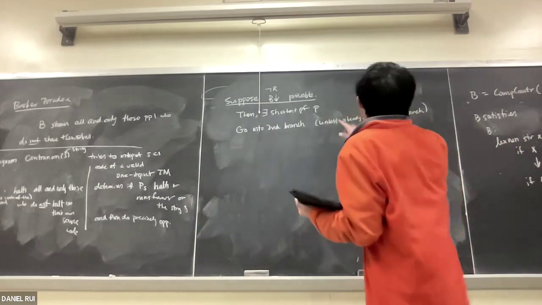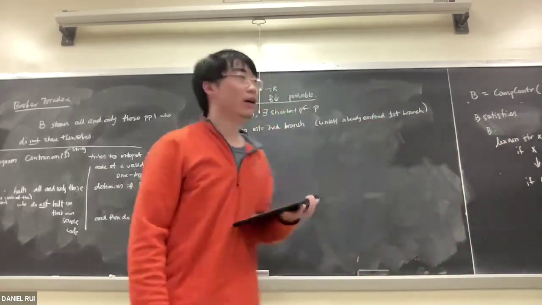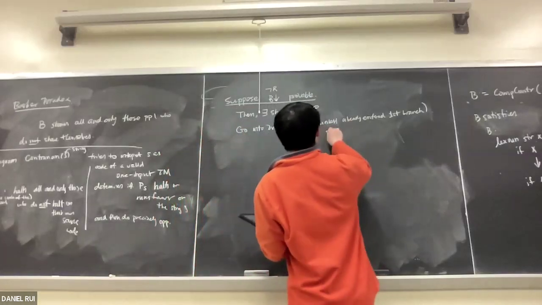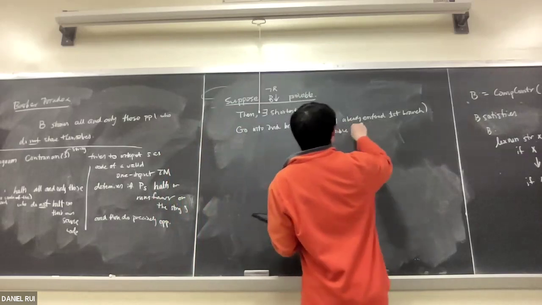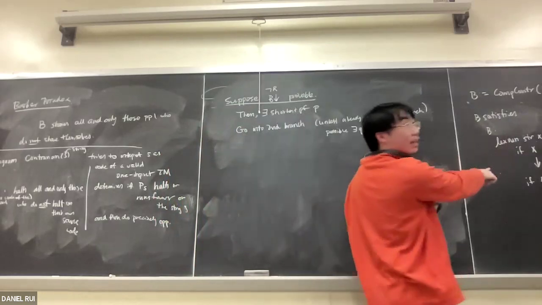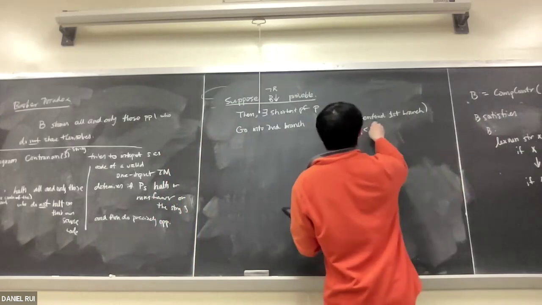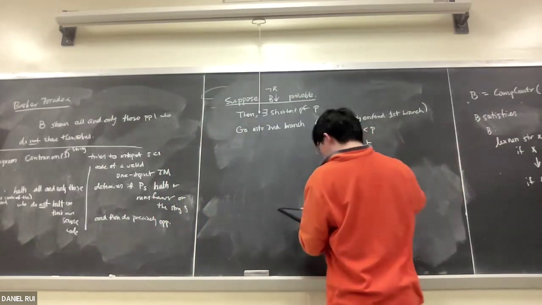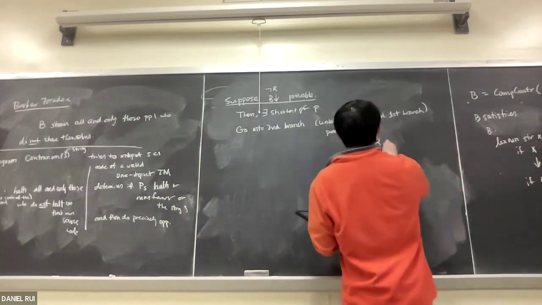But can I have entered the first branch? Is it possible that there exists a Q which comes before it lexicographically, Q less than P, that proves B runs forever?